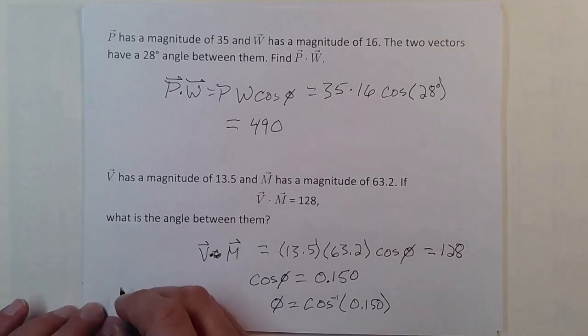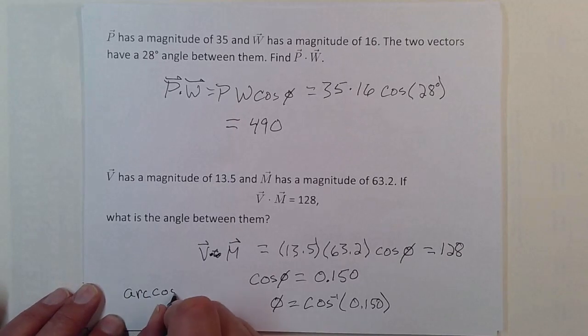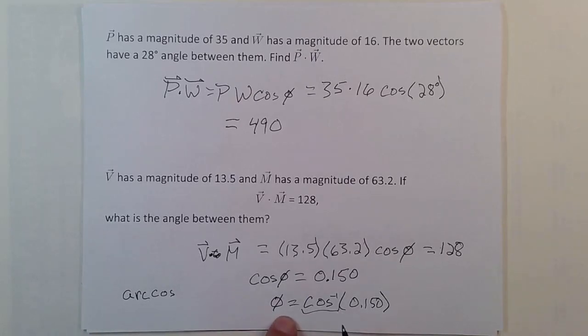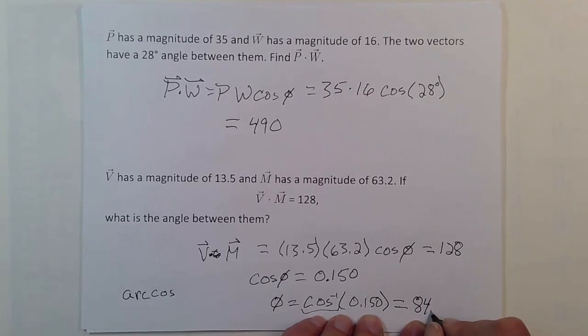Actually, the way we wrote it in those days was to write the arc cosine. And when you saw that, you were supposed to think the angle for which the cosine is. And so I've trained myself when I see an inverse function like that, it's the angle for which the cosine is 0.150. And it helps me remember those things, or has in the past. I'm pretty good at them by now. I get 81.4 degrees for the angle between those two.